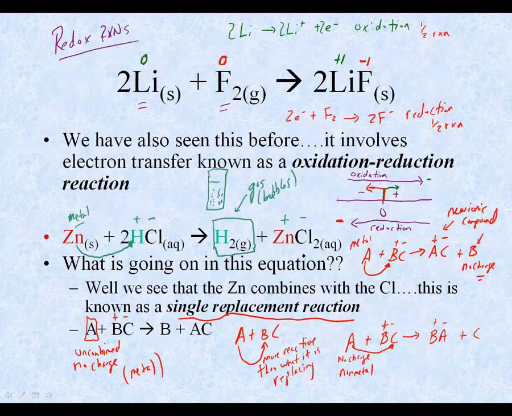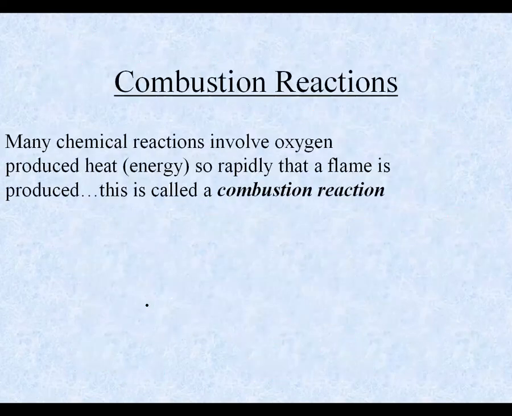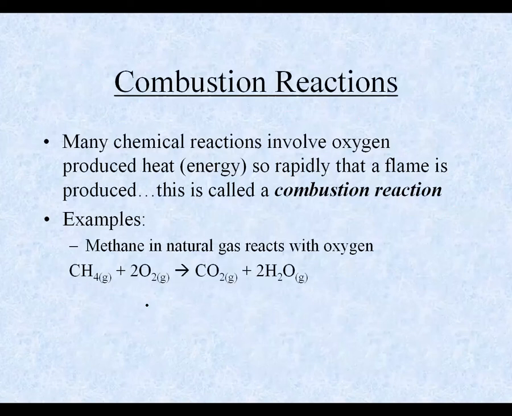Any questions on that? Okay, so a single replacement reaction always looks like this sort of setup. And again, it is basically under the big umbrella of single replacement reactions.